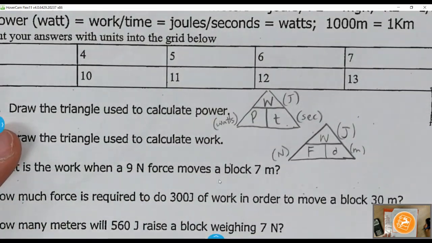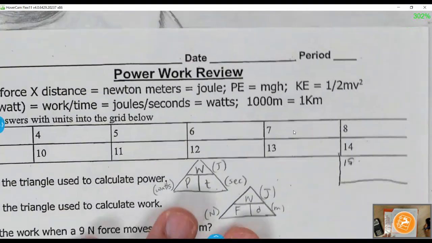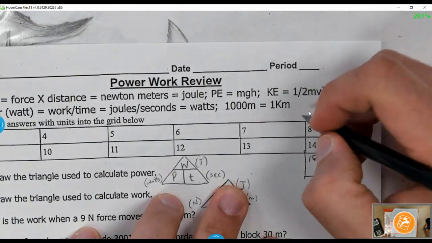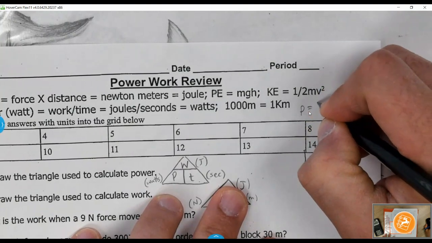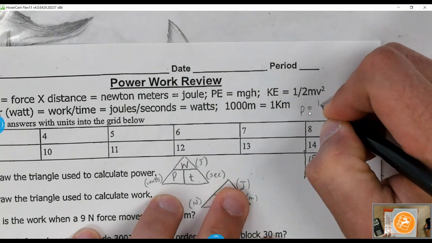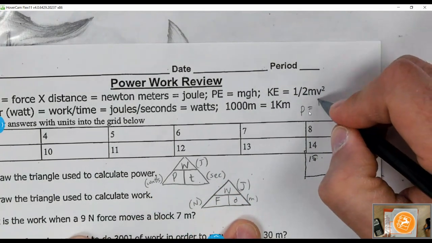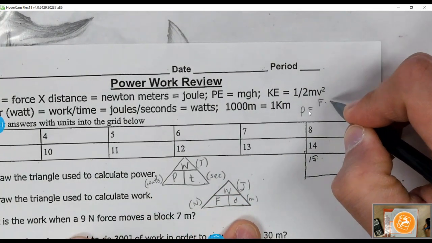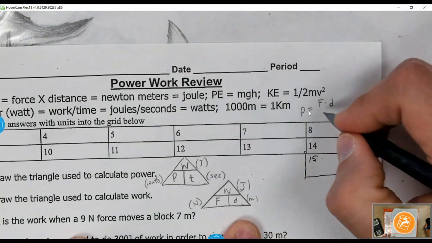There is another equation that I would venture to add over here: power will equal, because power is work, W, and if work is force times distance, you can have force times distance over time, since power is work over time.